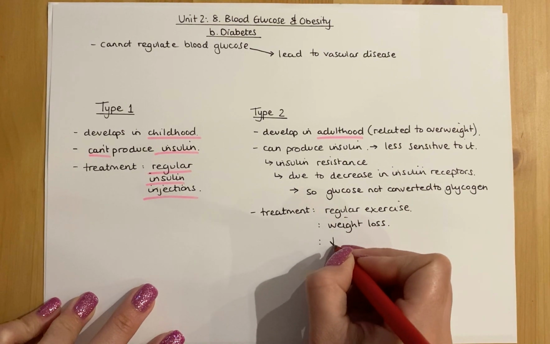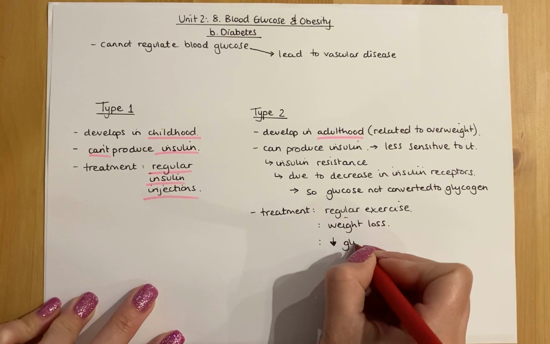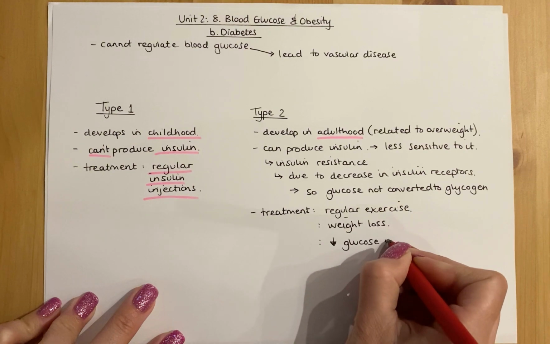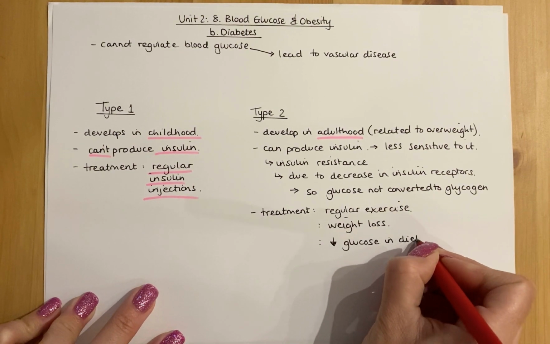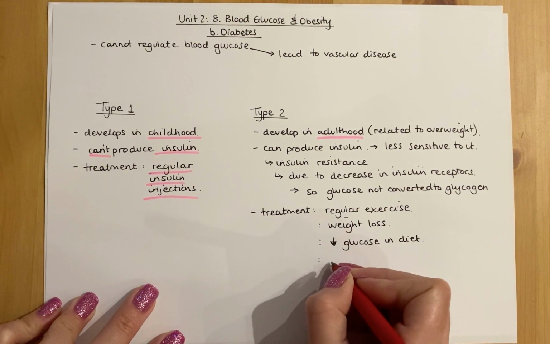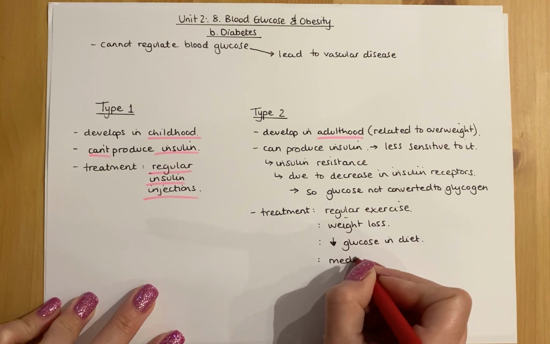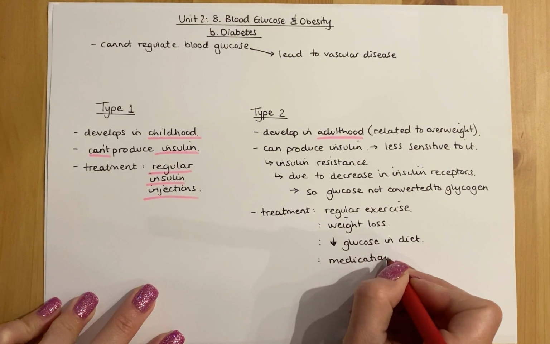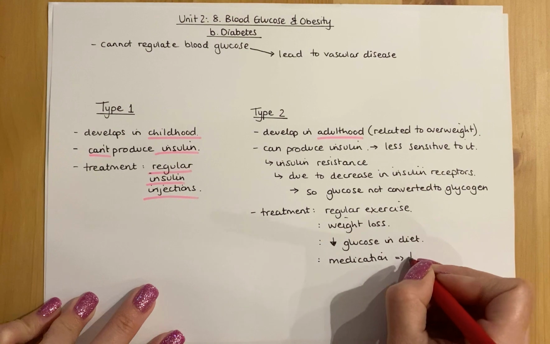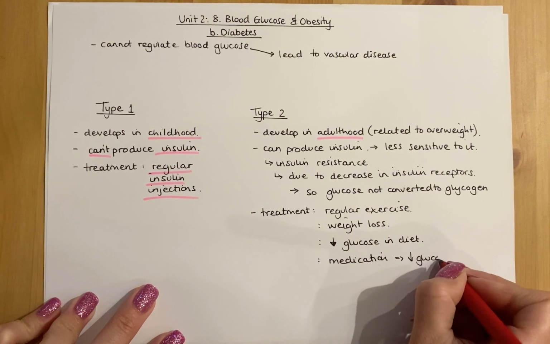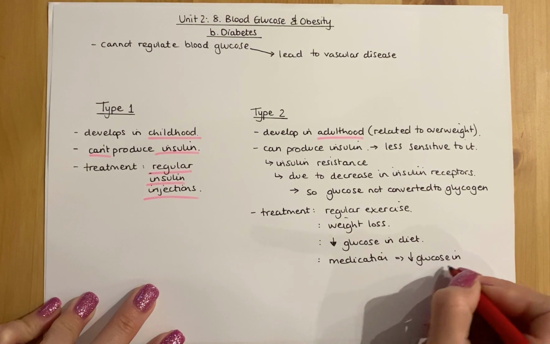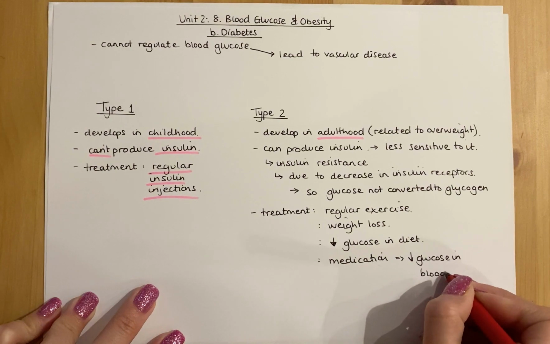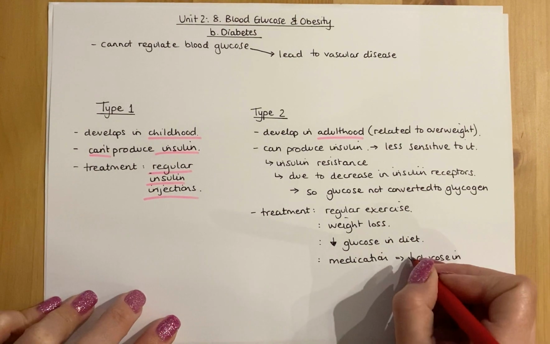We would decrease glucose in the diet. And then you can also take medication, which would decrease glucose in the blood and therefore prevent the damage that would be caused by unregulated blood glucose.